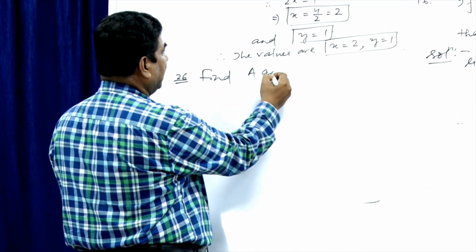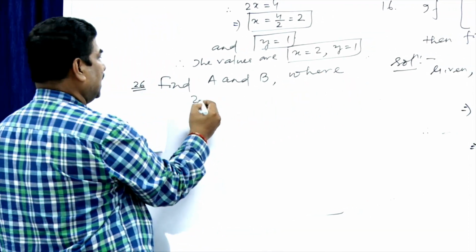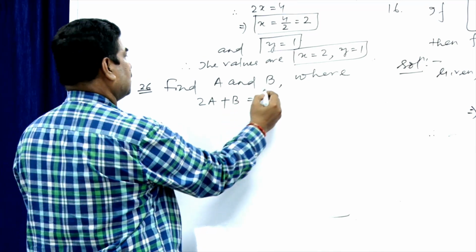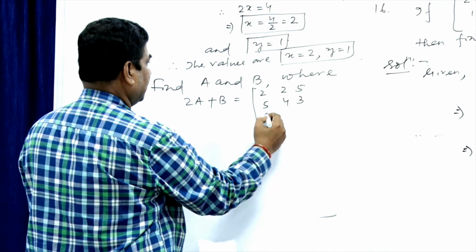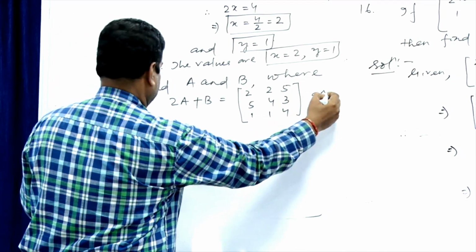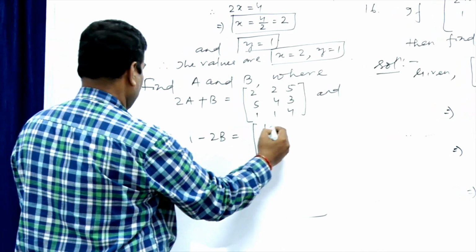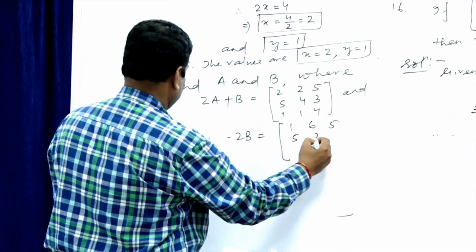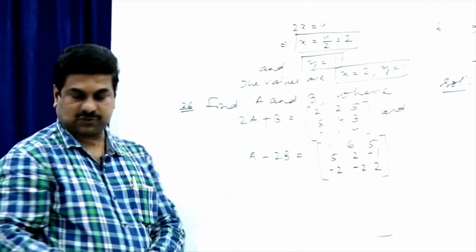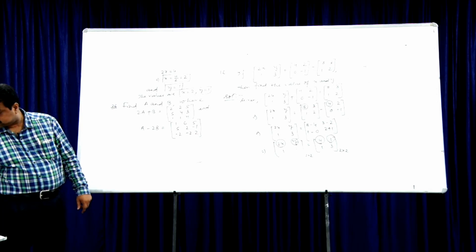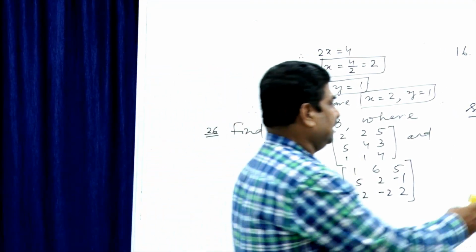Find A and B where 2A plus B is equal to [2 2 5; 5 4 3; 1 1 4] and A minus 2B is equal to [1 6 5; 5 2 -1; -2 -2 2]. We have to solve these two matrix equations and find the values of A and B.